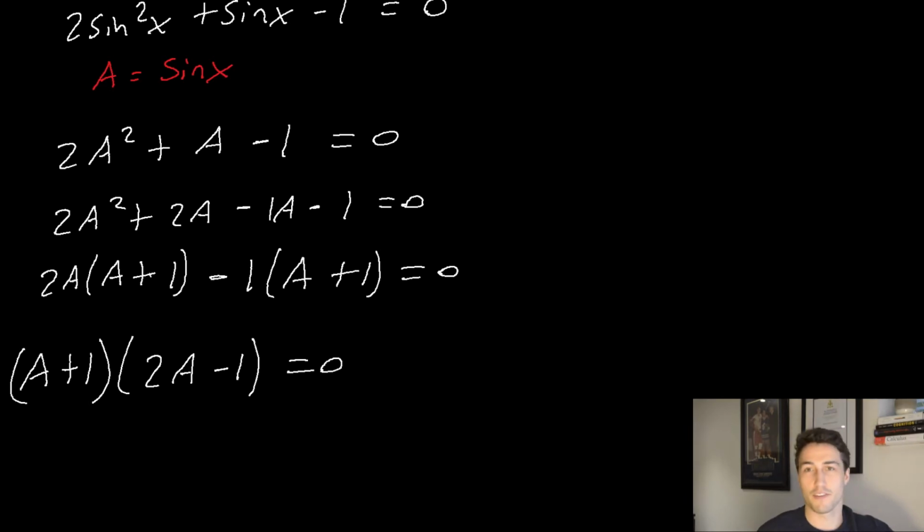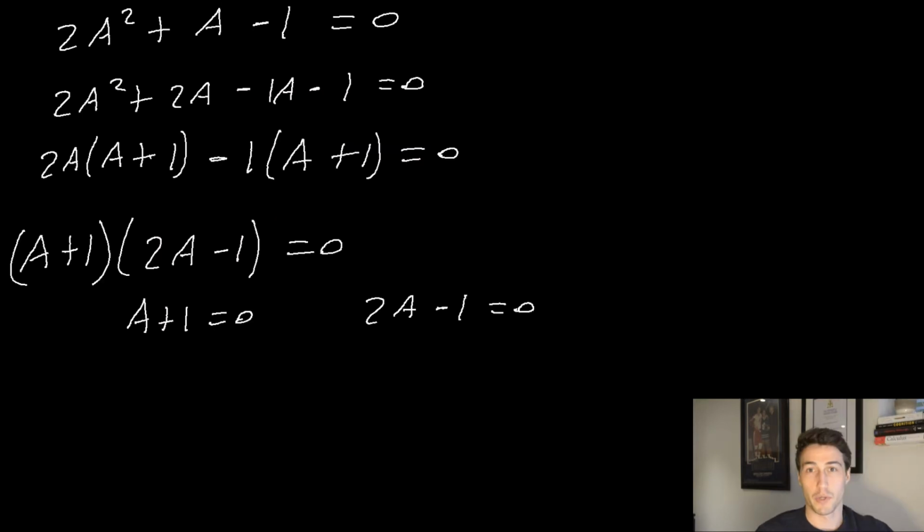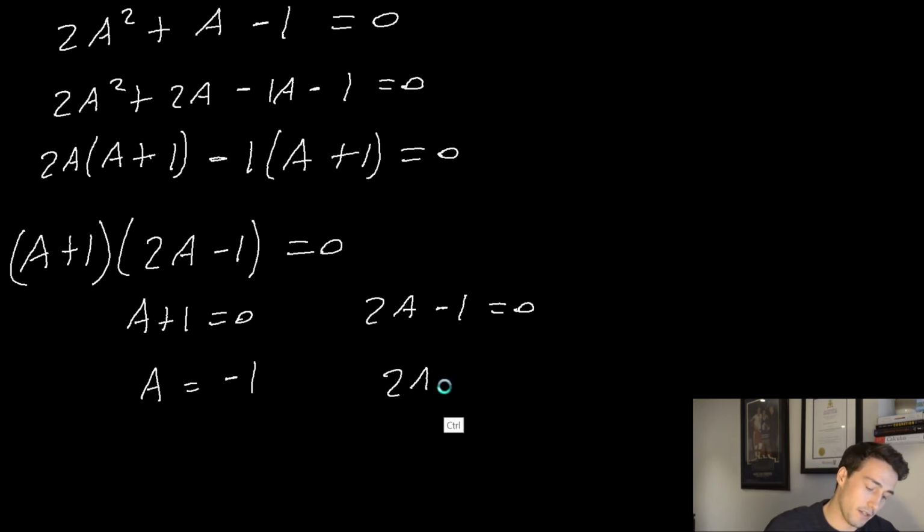Now we can solve for our values. We know that a plus 1 will equal 0, and 2a minus 1 will equal 0. So a is equal to negative 1, and on this side, a is equal to 1/2.